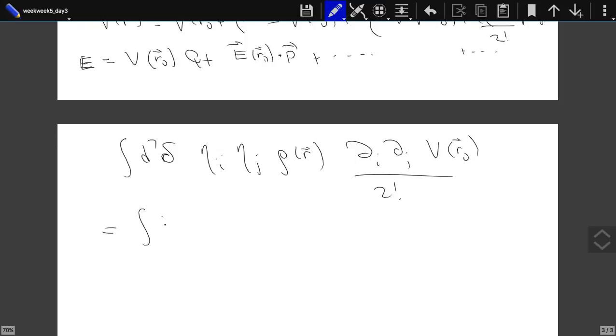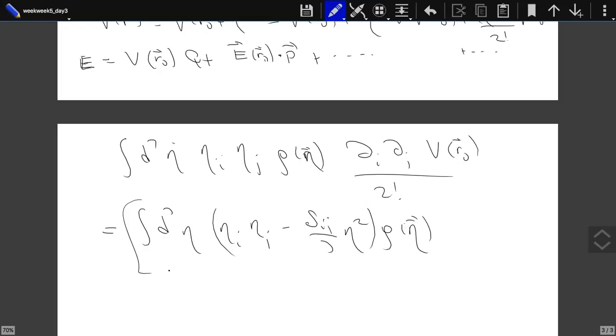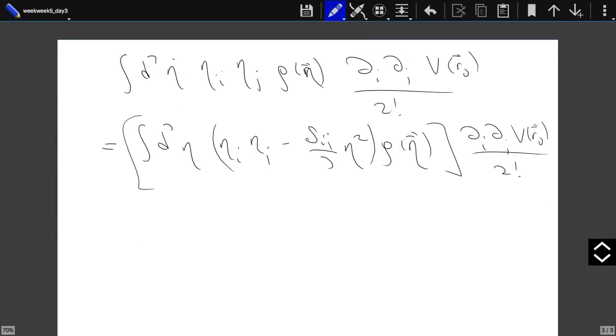Now what I will do is this is equal to d cubed eta, eta i eta j minus Kronecker delta ij over 3 eta squared, rho of R0 plus eta, multiplied with del i, del j, V of R0 divided by 2 factorial.